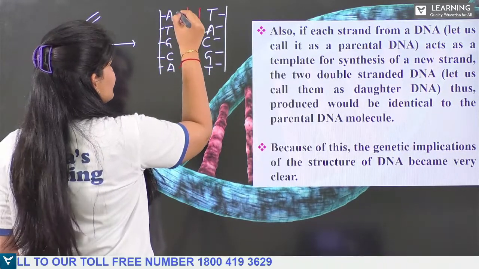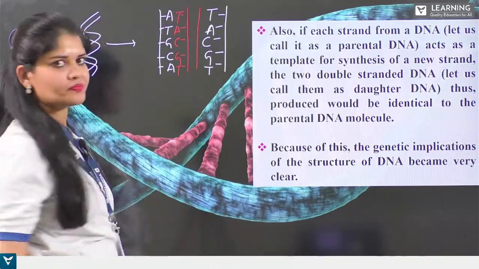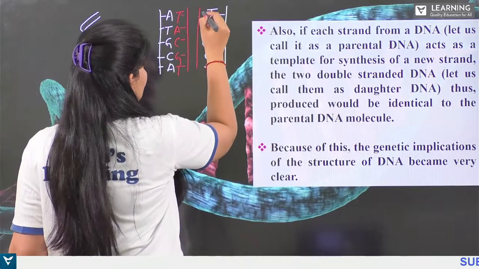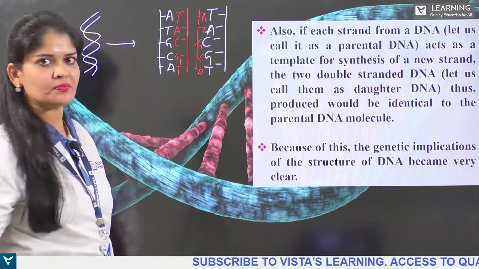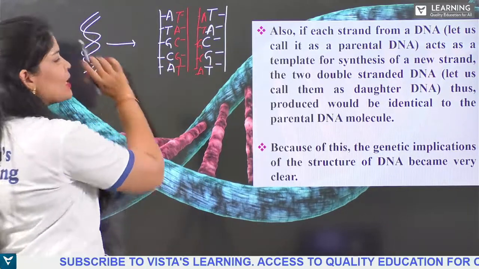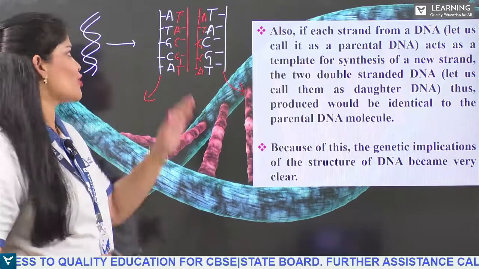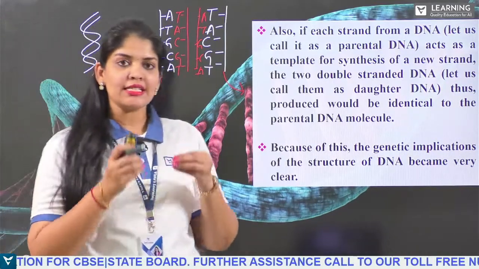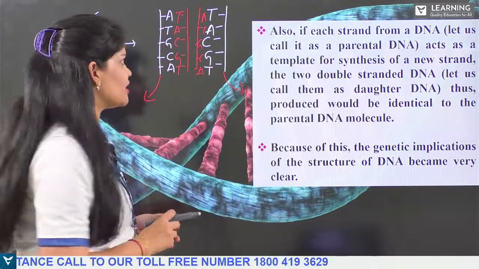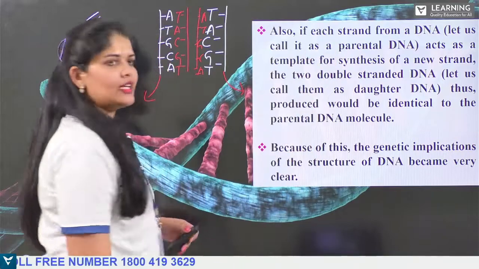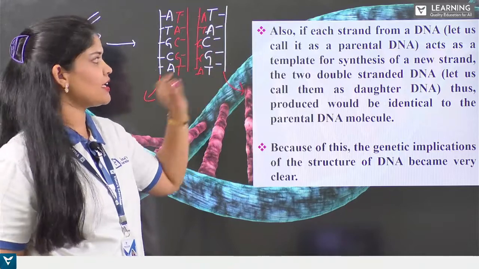So here we can say that T, A, C, G, T. Similarly, here A, T, G, C, A. And this will be identical with the mother strand because each one of its strands will be acting as a template for the formation of the next sequence. If you know the sequence of one strand, we can easily predict the sequence that is present on the other strand.